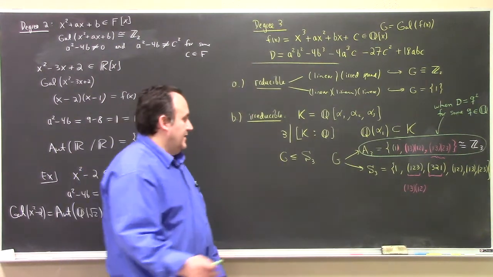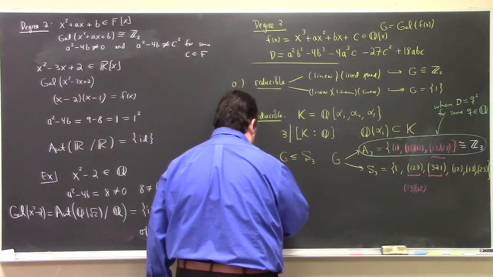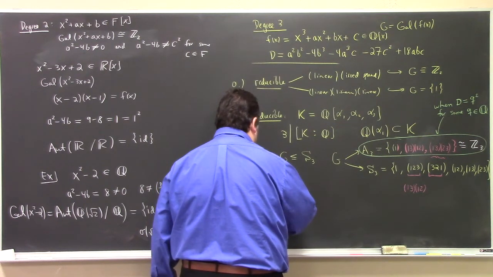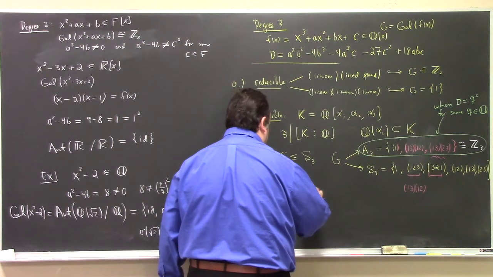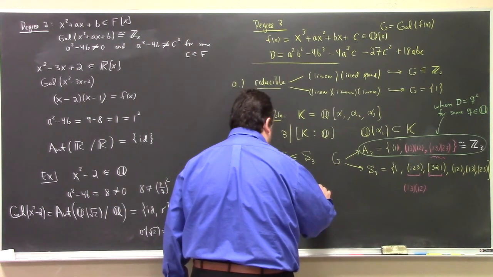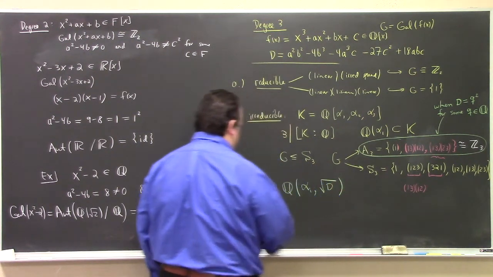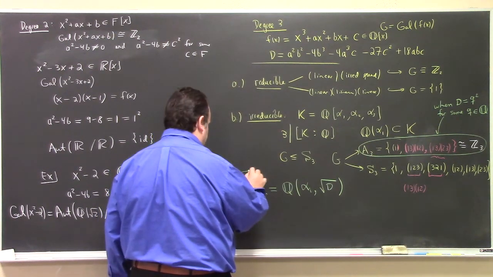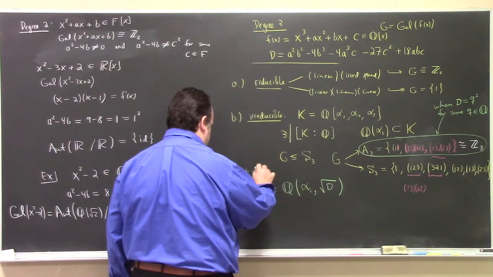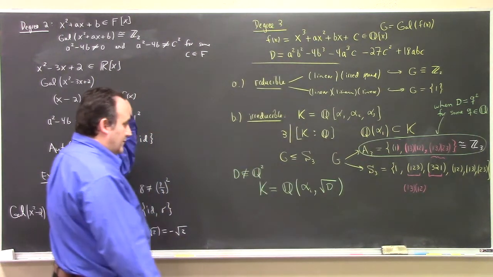Actually the splitting field, K, is Q adjoin alpha, let's say, and alpha i, and the square root of D. This is for D not a rational square.